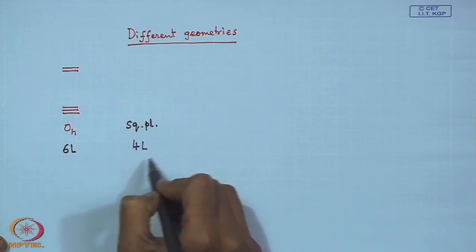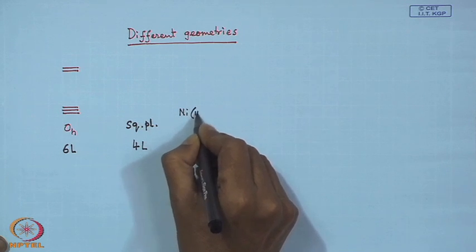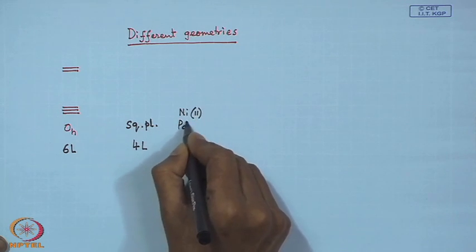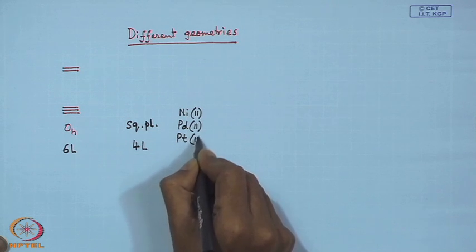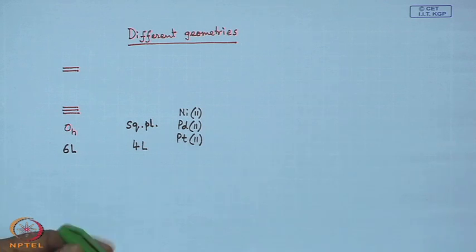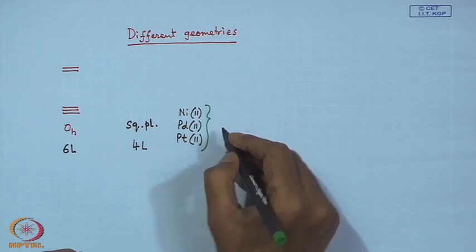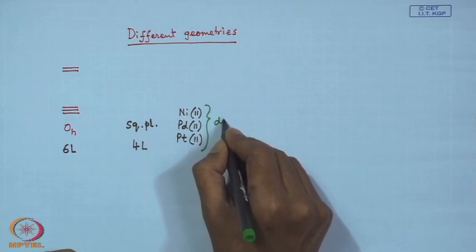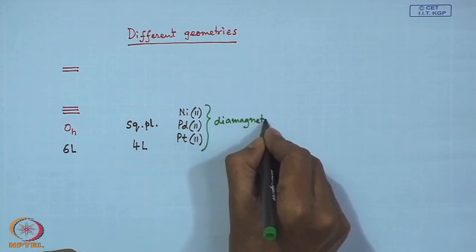What we can have is a square planar one, which we have seen in the case of nickel 2, palladium 2 and platinum 2. These we all know from our school days from the valence bond picture: these compounds are all diamagnetic.